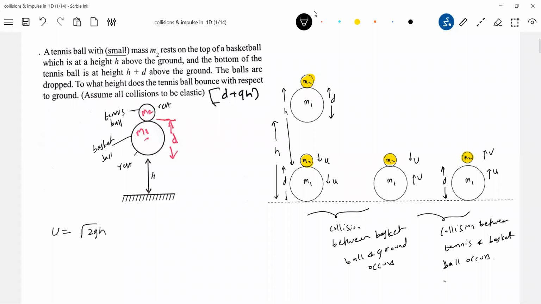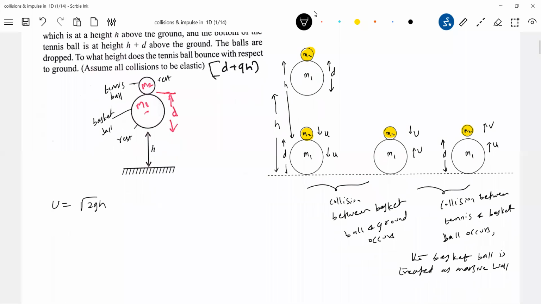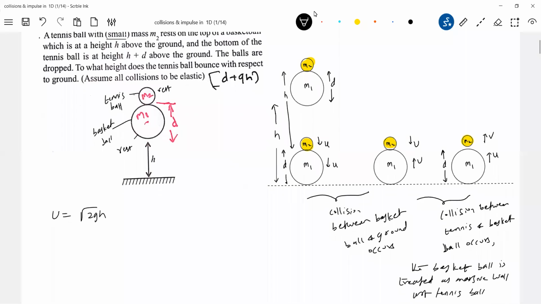The basketball is treated as a massive wall, with respect to the tennis ball. Okay, so this is the thing.